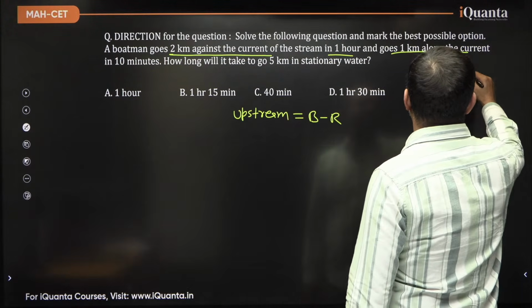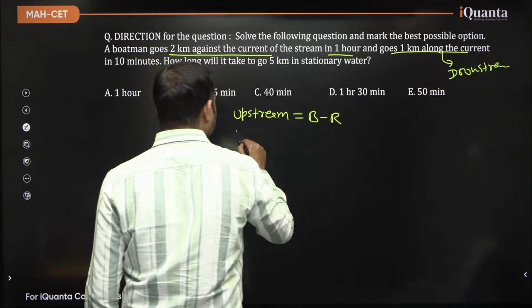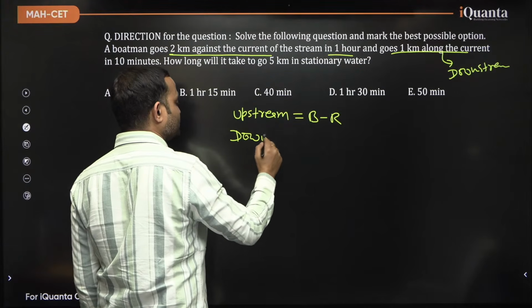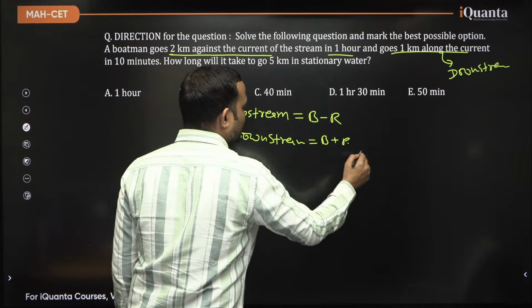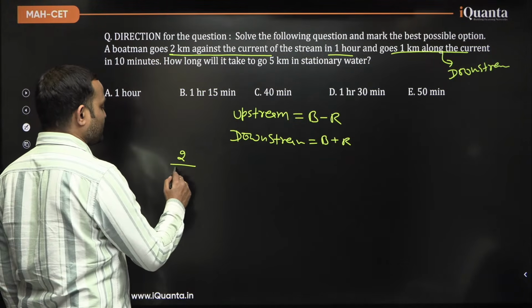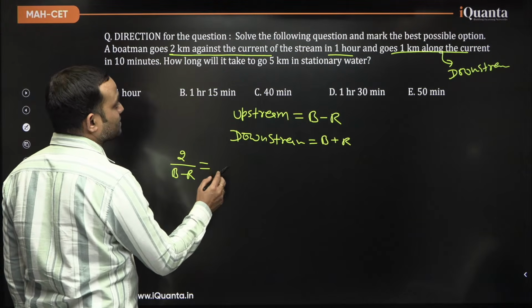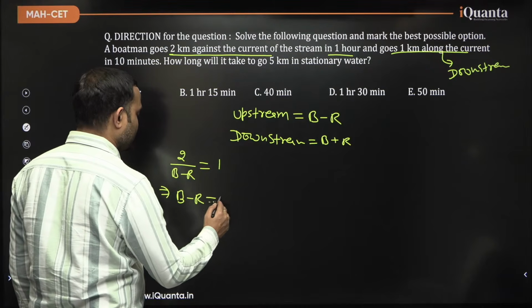Along the stream means downstream, and downstream speed will be equal to boat plus river. So 2 kilometer is covered with a speed of b minus r in 1 hour, or we can say b minus r is equal to 2.